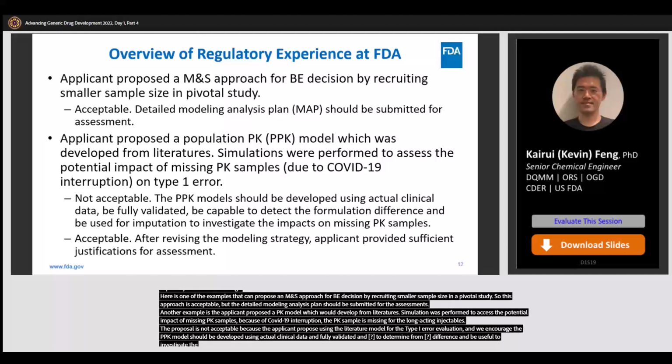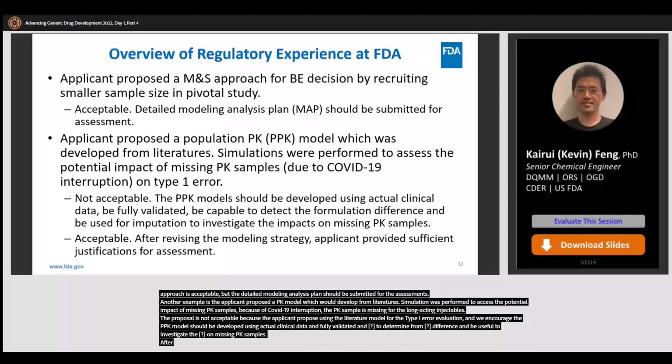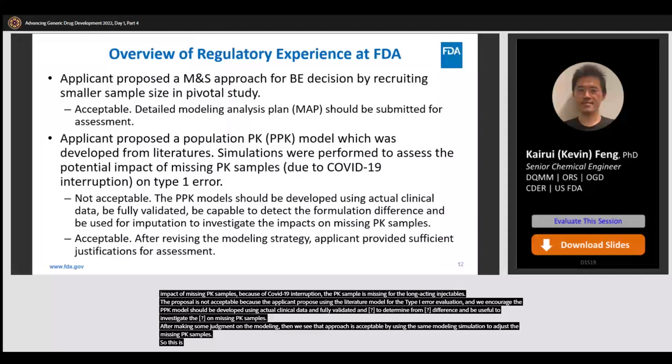After the applicant made some judgment on the modeling, we saw that approach is acceptable by using the modeling and simulation to adjust for the missing PK samples. So this is one of the examples that have used modeling and simulation and provided information about the missing PK samples.